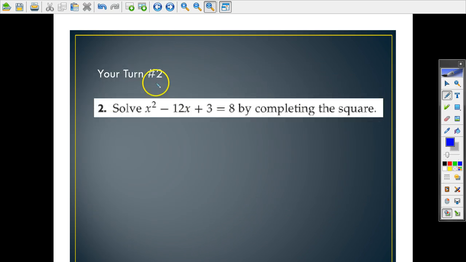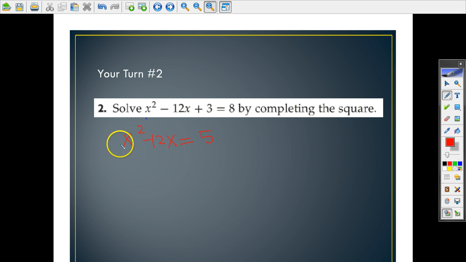Okay, so go ahead and solve number 2. Again, what you're doing here, you want x squared minus 12x. Rewrite it, so it's now minus 3 on each side, which is 5. Here, do 1/2 of this, square it, and add it to each side.